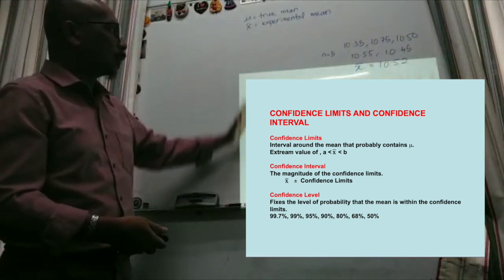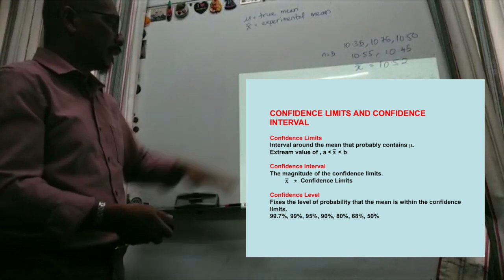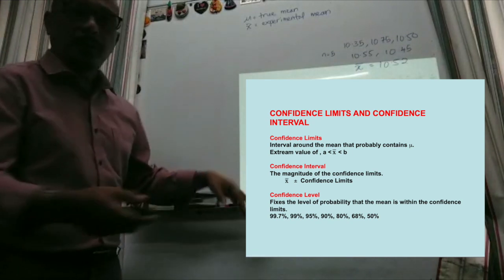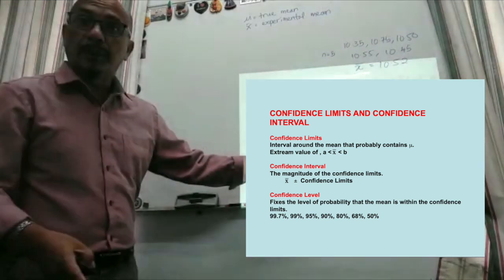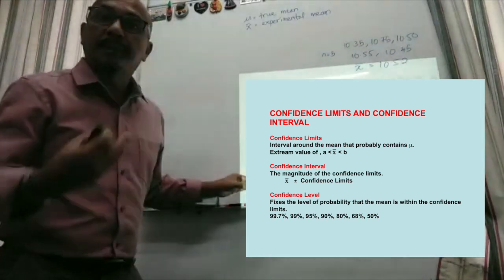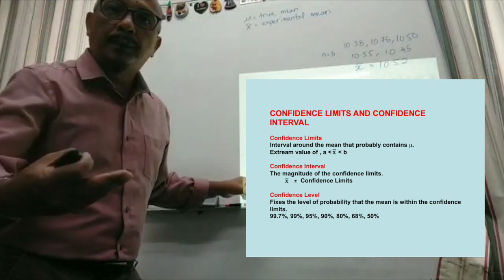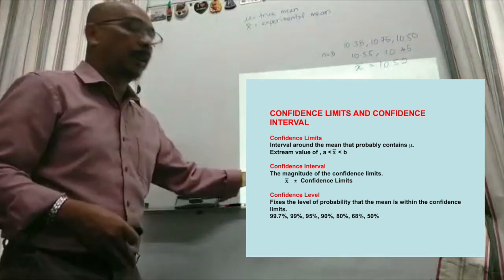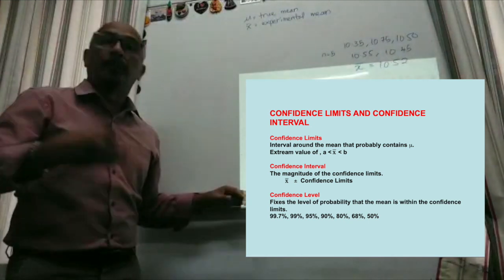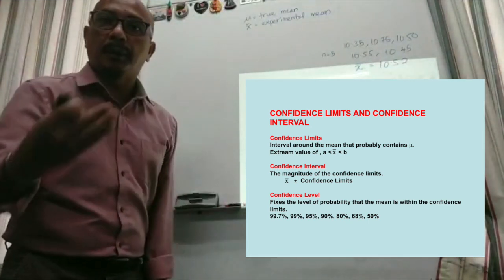How to calculate the confidence limit and confidence interval? Not confidence limit, confidence level. What is your confidence level? You believe that data is correct at 95%, or maybe at 99.7%.